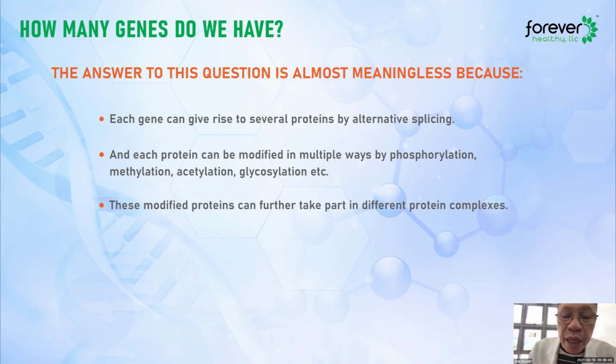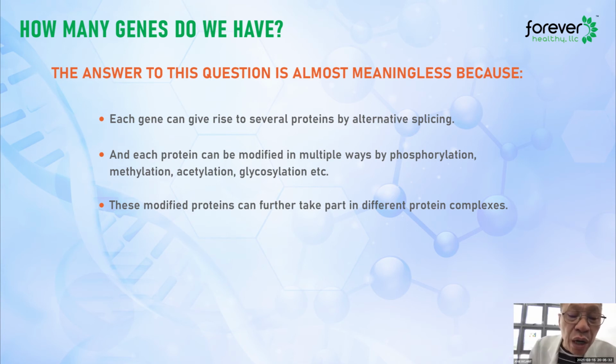These modified proteins can then further take part in the different protein complexes to modify the functions in case the person is suffering from emergency or circumstances that are very new. If we encounter some circumstances like we are being attacked by viruses, our protein complexes are then modified in order to produce antibodies.